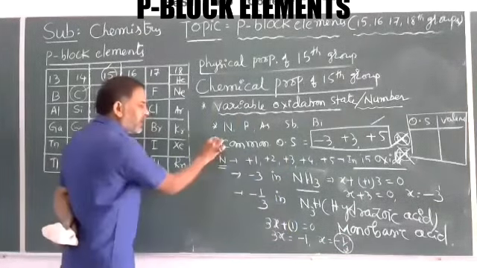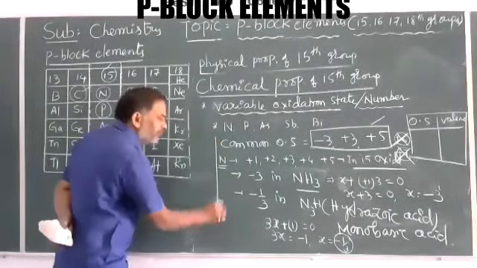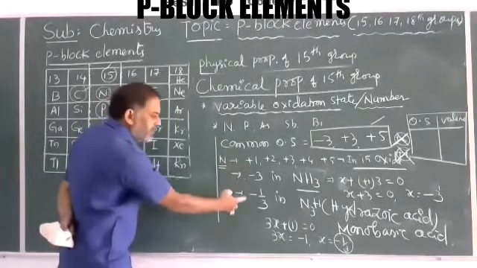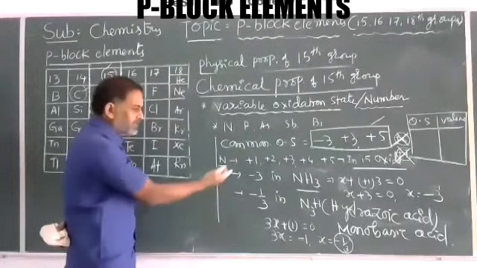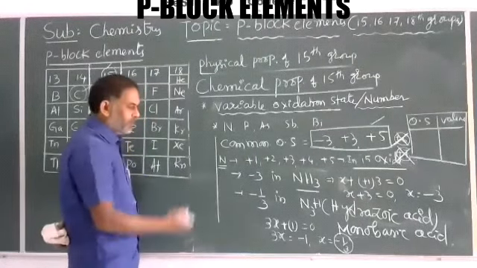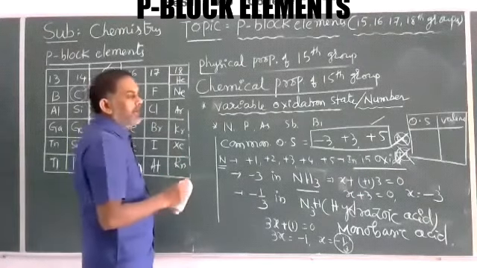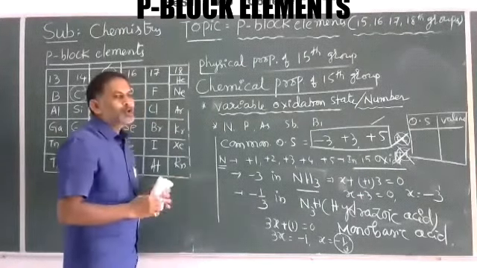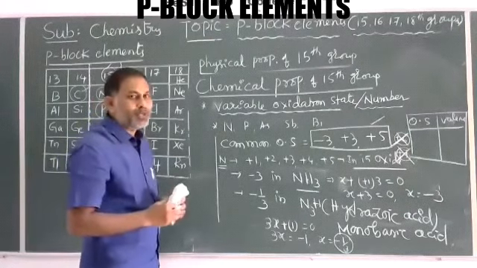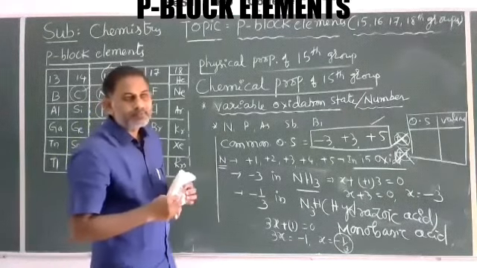That's why nitrogen shows +1 to +5, -3, and -1/3 also. Now nitrogen generally shows a disproportionation reaction also. What is a disproportionation reaction?